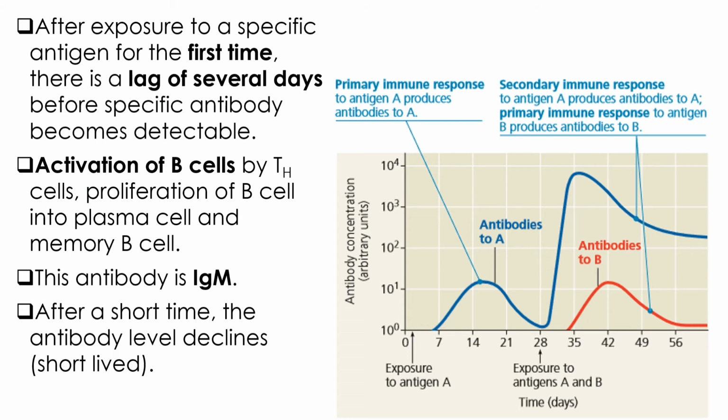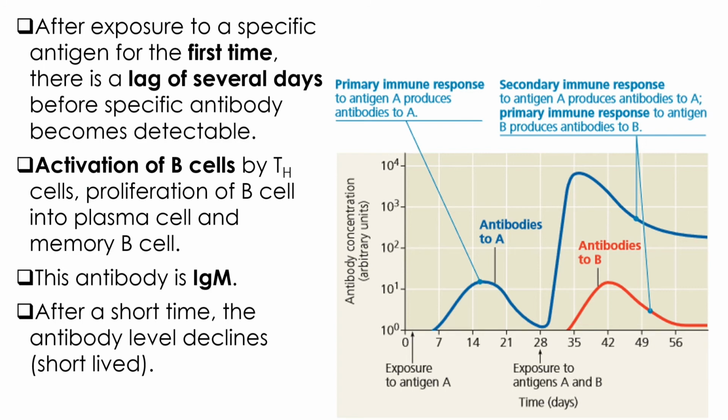Next, the class of antibody primarily produced during the primary immune response is class IgM. IgM is short-lived, meaning that it will not last long inside the body. Eventually, the concentration of IgM will decline, meaning that the protective value of primary immune response is only for a short period of time.